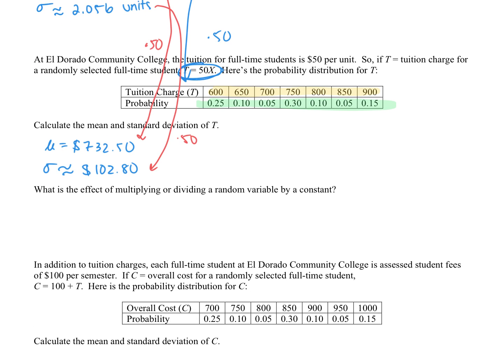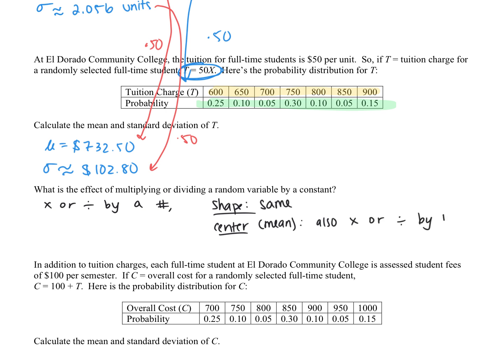Okay, so how do we put that into words? If we multiply or divide by a number, here's what happens. The shape stays the same. The center, so what I mean by that is the mean, the median, anything like that, is also multiplied or divided by that number.